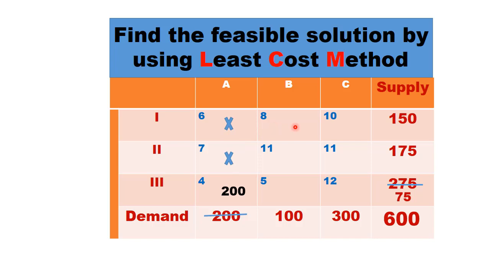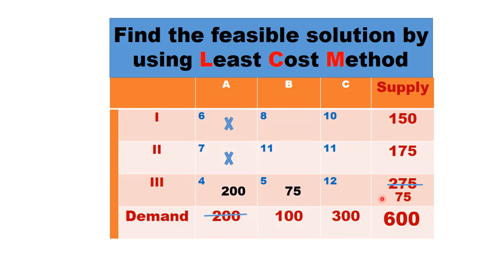See the remaining cells 8, 10, 11, 11, 5, 12. These are the costs of transportation. Out of these, 5 is the least cost. Now we choose this cell and allocate as much as possible to it. See the demand and supply values. The demand is 100 units and the supply is 75. So 75 is the minimum, and we allocate 75 units to this cell.